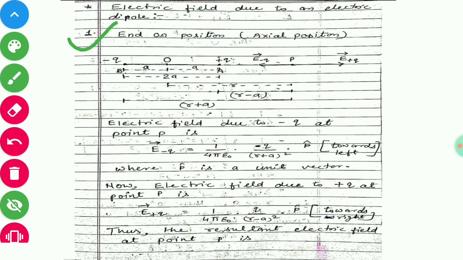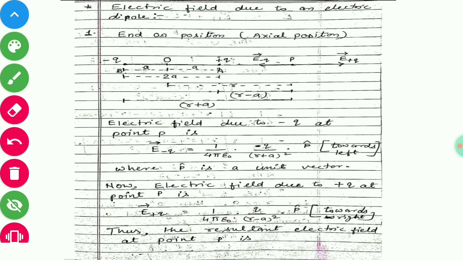Why do we say axial position? Because we are determining the electric field along the axis where the dipole is placed. Suppose the dipole is placed along the x-axis, then the electric field is also determined on the same axis. That's why it is said to be axial position.